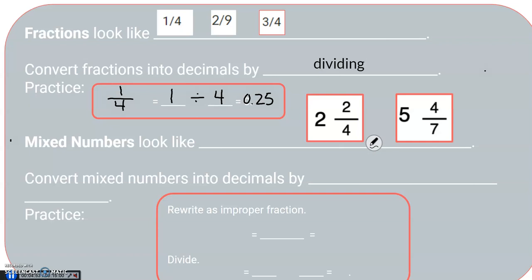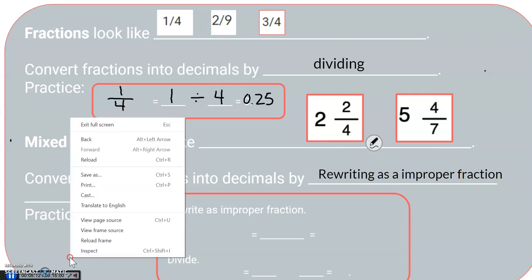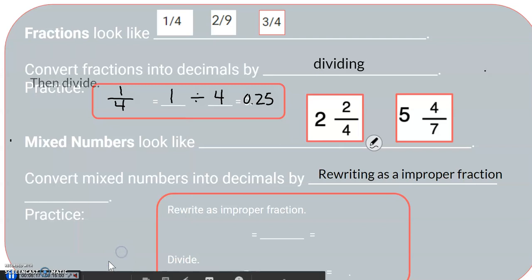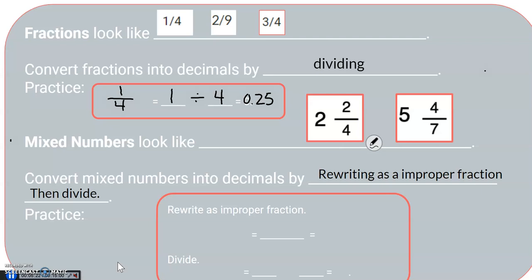So for mixed numbers, like 2 2/4 or 5 4/7, we're going to use similar steps. So first, we will rewrite it as an improper fraction. Second, we will divide. So say we have 2 2/4.